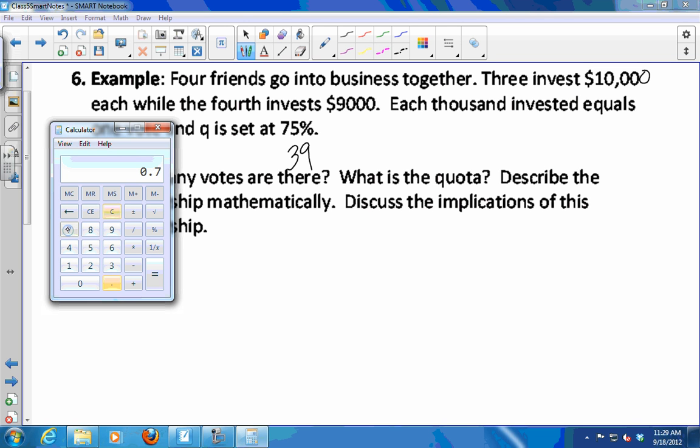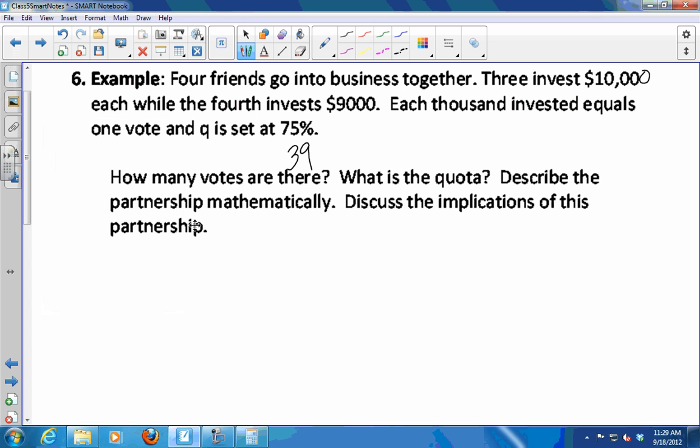So I do 0.75 times 39, 29.25 votes. We'll just say 30. It takes 30 votes to pass a motion.